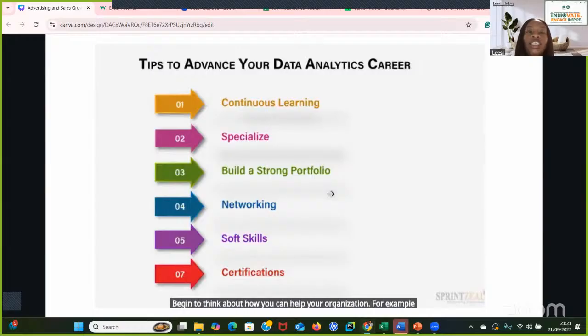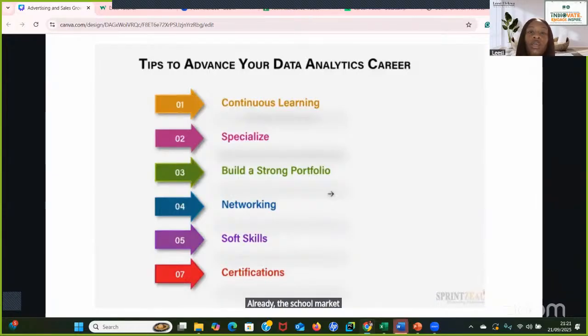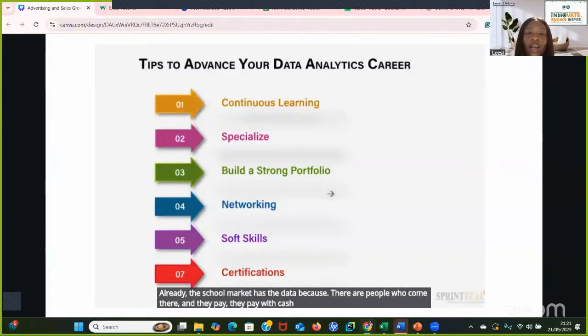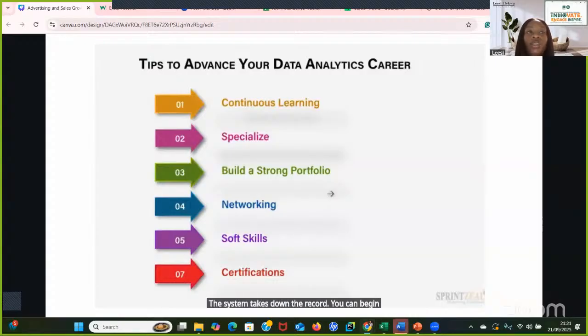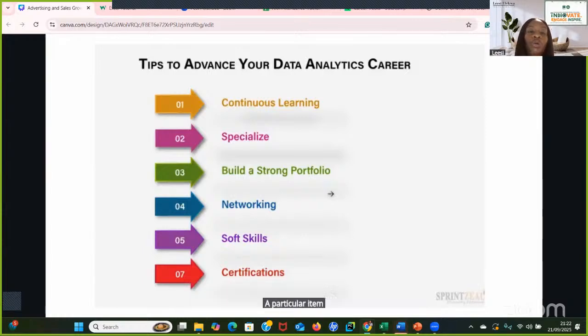For example, if you're working as a sales representative in a supermarket, your supermarket already has the data, because people come there and pay with cash, you record it, they pay with their card, the system takes down the record. You can begin to analyze data to understand the peak periods of a particular item, and the peak periods of a particular customer buying it.